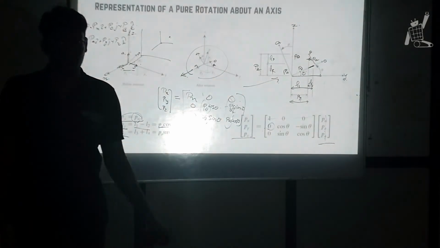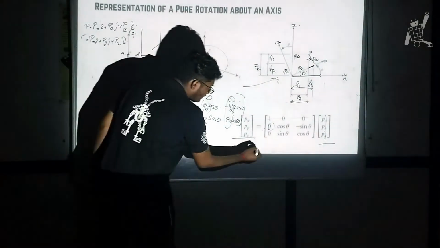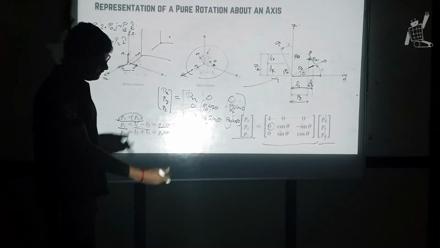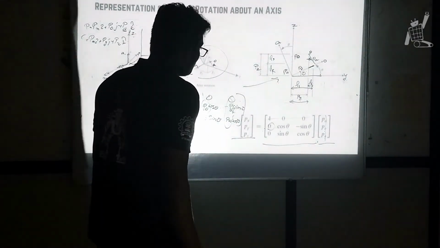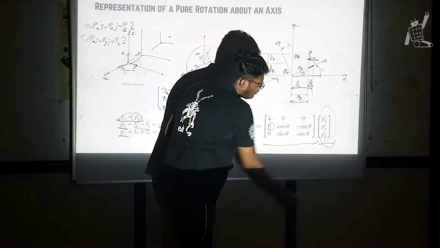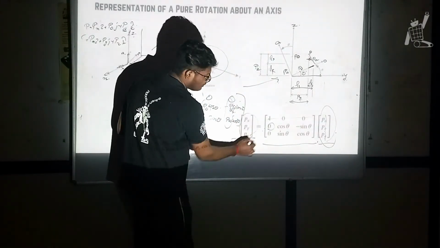So that is the matrix representation. This is the transformation matrix that will convert a point in the noa frame to Pxyz.